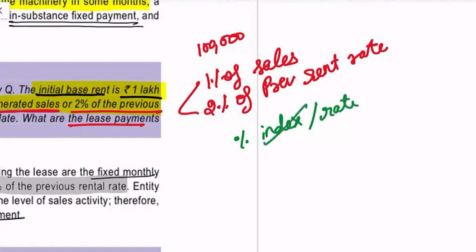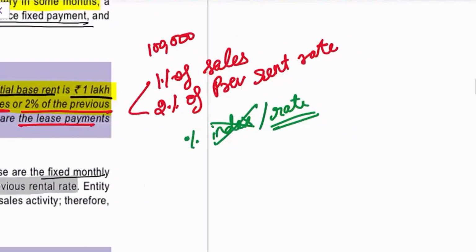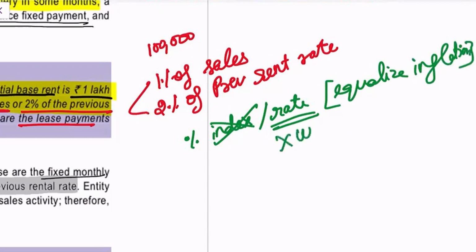Here in this question, there is no index, but you will take the variable payments into consideration if they are based only on the rate, which will help you equalize inflation. And this rate should not be dependent on your usage or any kind of performance, because that will not help you equalize the inflation. So here, this 1% of sales you will not take into consideration.